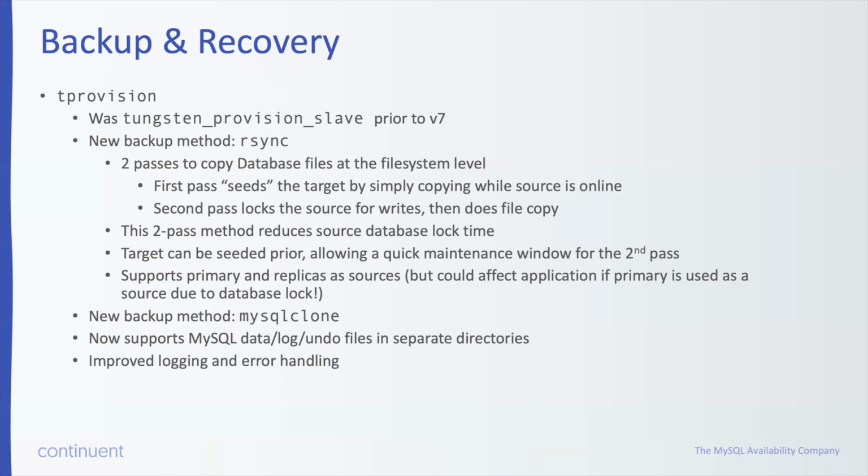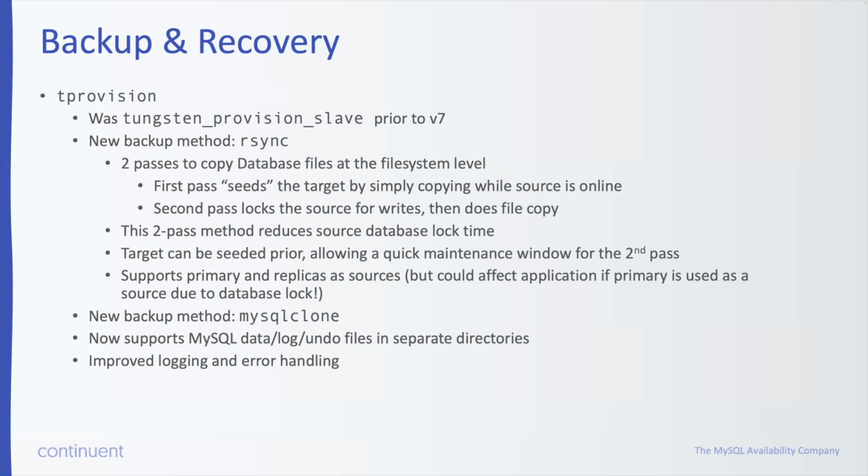The first time that we do the rsync, the first pass, we're simply copying the raw files, rsyncing them to the target. By doing that, we're getting most of the data and really almost all of the changes between the source and the target synced up, right? But our resulting database is not going to be in a consistent state, but it's going to be pretty close to having all of the changes.